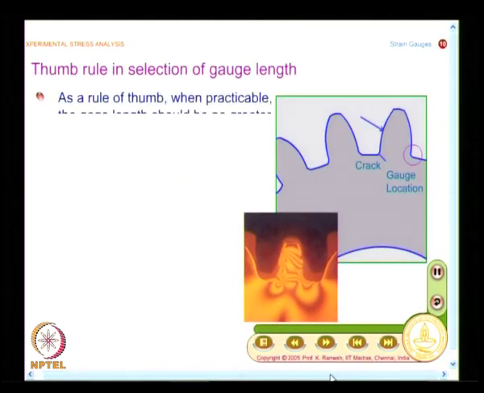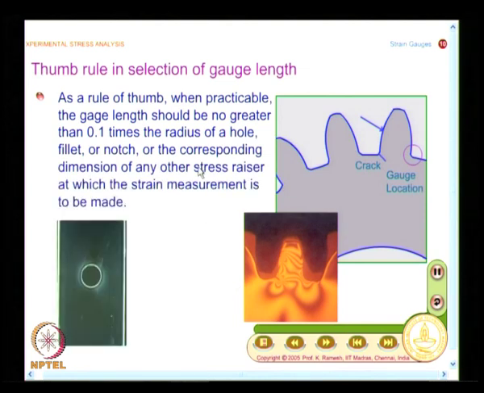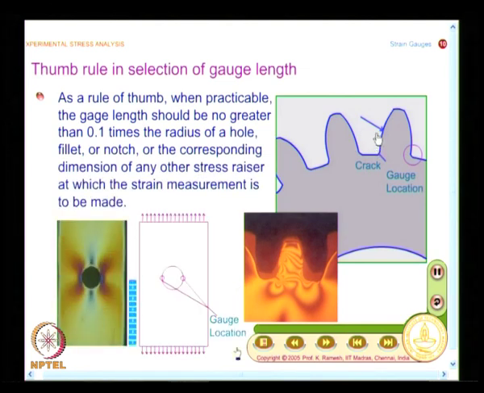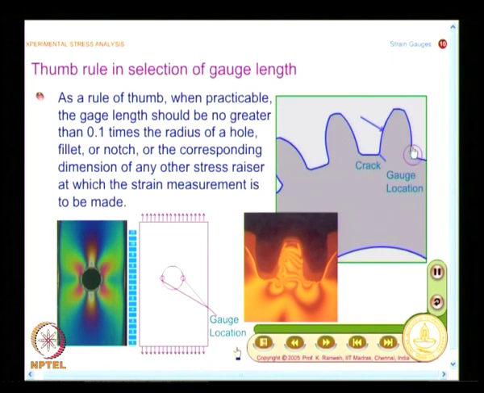The thumb rule is, we have seen two problems. One is gear teeth, where I want to find out the stress concentration region, where the strain value is very, very small. The thumb rule is that the gauge length should be no greater than 0.1 times the radius of a hole, fillet or notch.